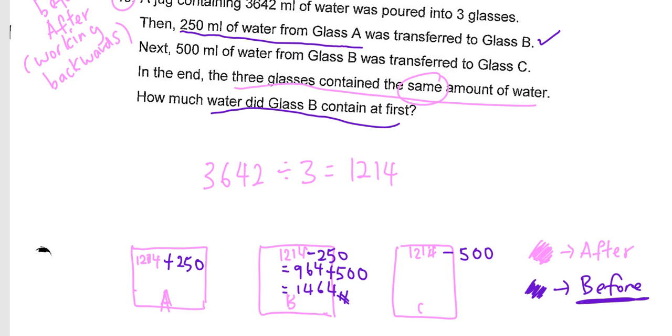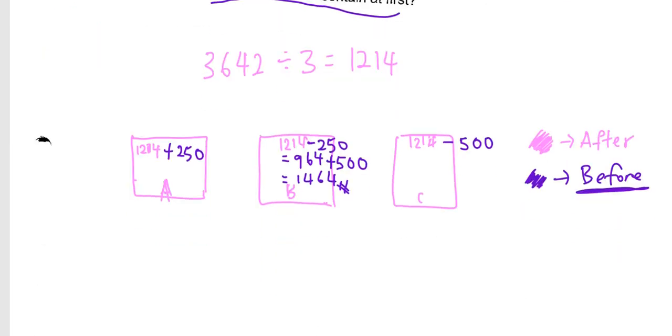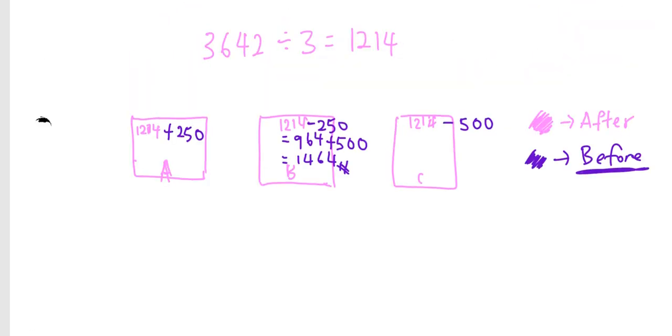If before it's transferred it ought to have more, you add. Before it was transferred to C, you add back the 500 to go back to the time earlier. So the answer is 1464. If you are confused, you may want to repeat this part to understand, because this is a very good examination question that we love to ask. Alright, time machine.